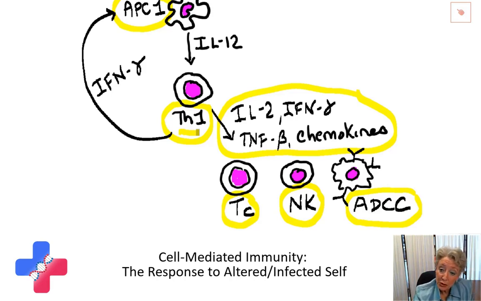Now, there is a special case within this side of the immune response that is the only case where the effector cell and the antigen-presenting cell are actually the same cell. And that is the special case where I have pathogens who are infected themselves inside a mononuclear phagocyte.